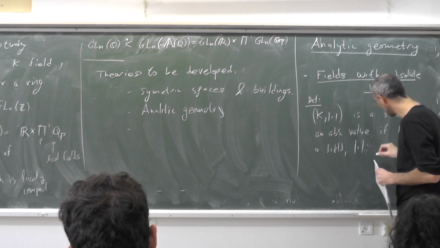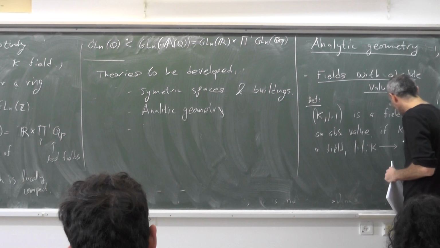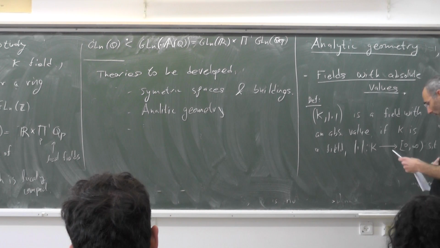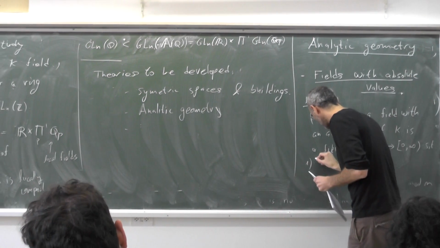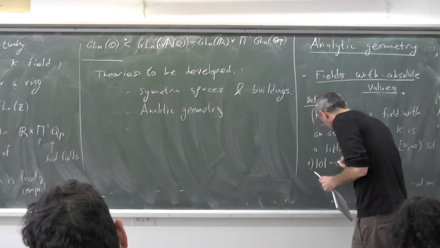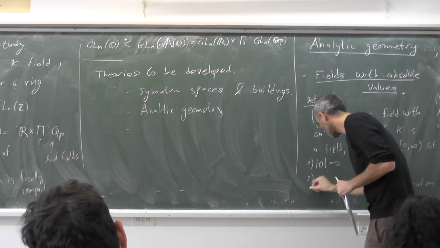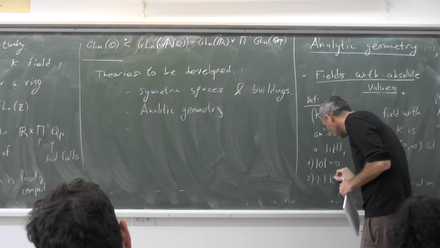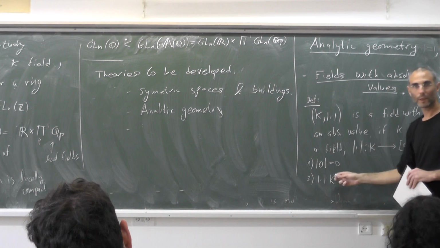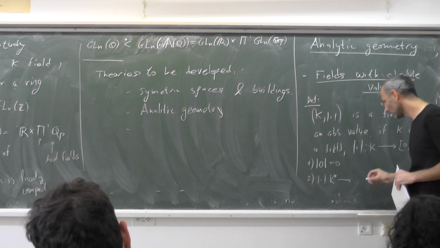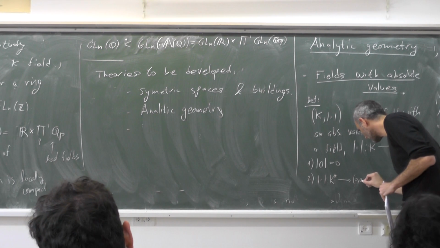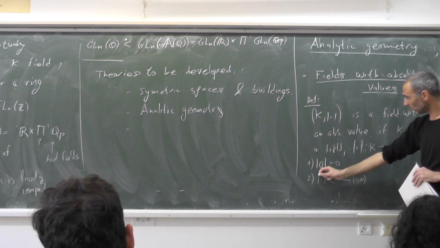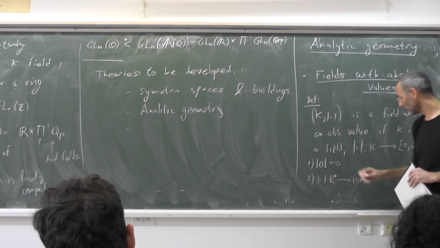And the absolute value is a map from K to [0, infinity) such that the absolute value of 0 is 0. On K star, the multiplicative group of non-zero elements, we get a map to positive numbers: I'm not getting 0, so 0 is the unique element with absolute value 0.